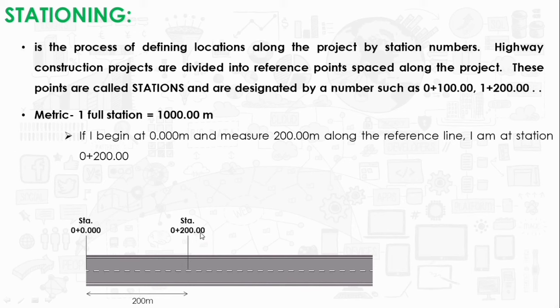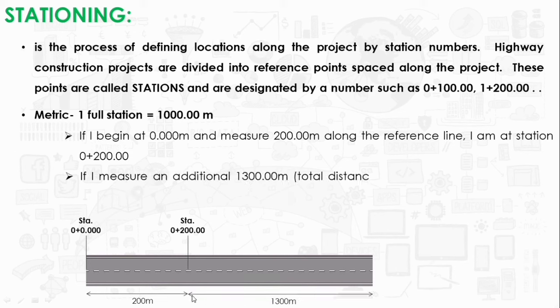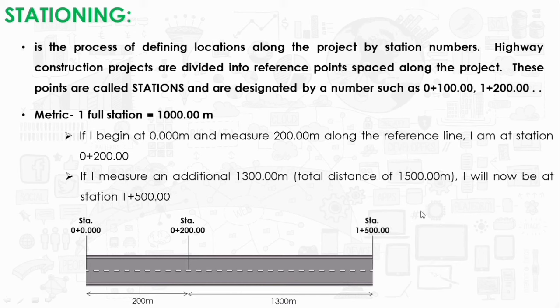Then, another one, if I measure an additional 1,300, with a total distance of 1,500, I will now be at station 1 plus 500. If you add the two, it becomes 1,500. 1 full station is only 1,000, so you already have 1, then you added 500, since 1,000 plus 500 is 1,500.